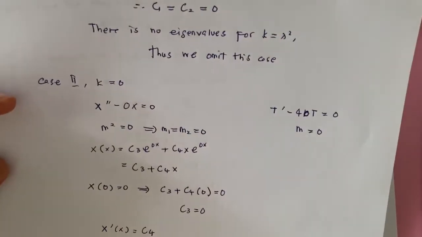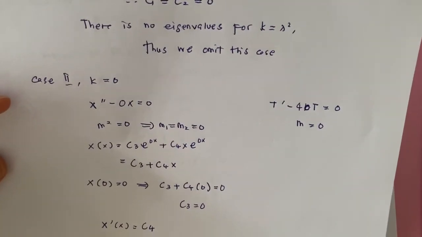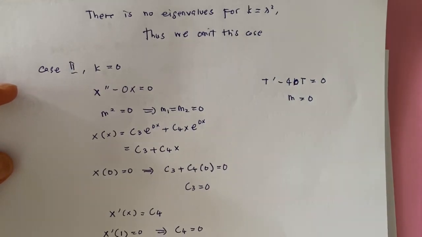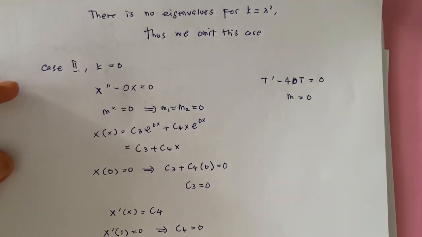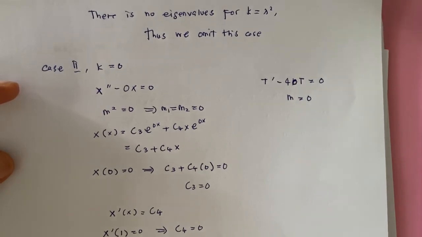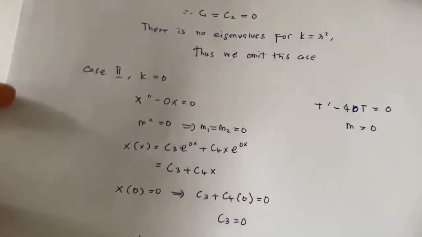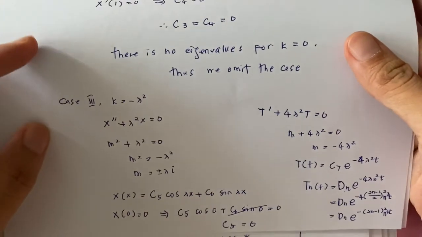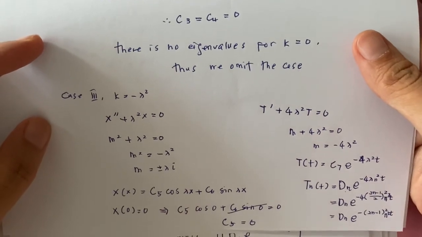So the tip is, normally for the final examination question, the instruction will ask you to just omit the first 2 cases, and then just start with the third case. That's normally how the question for the final exam goes.